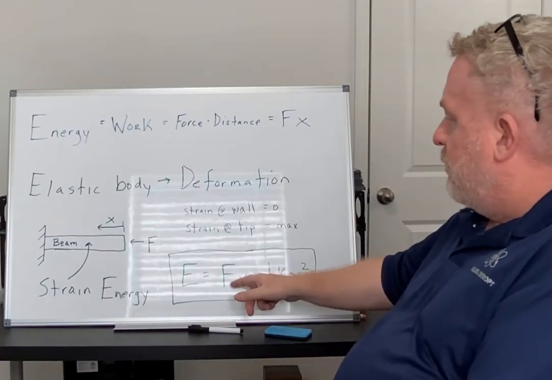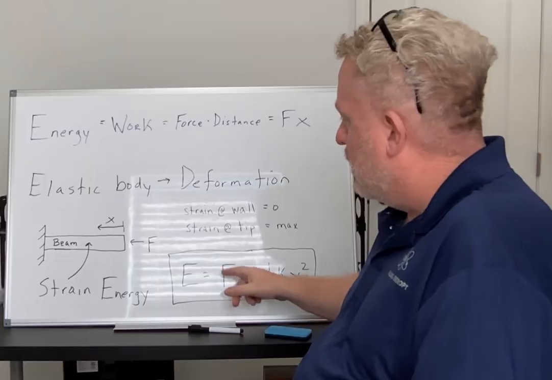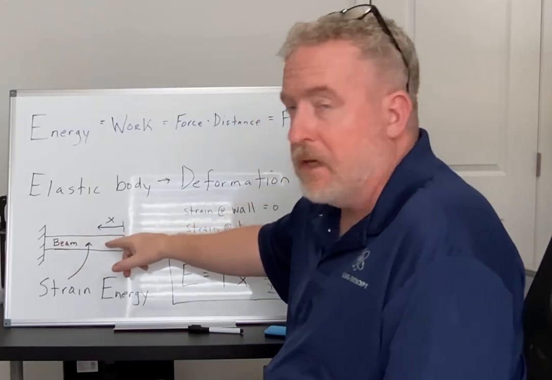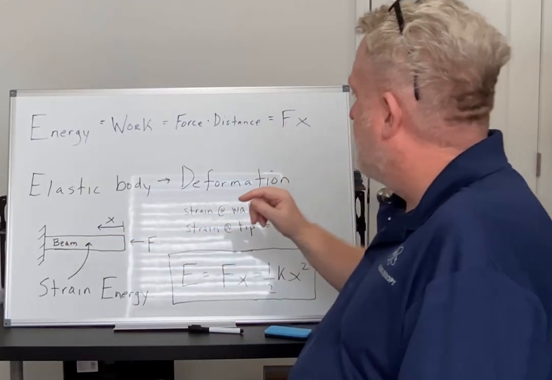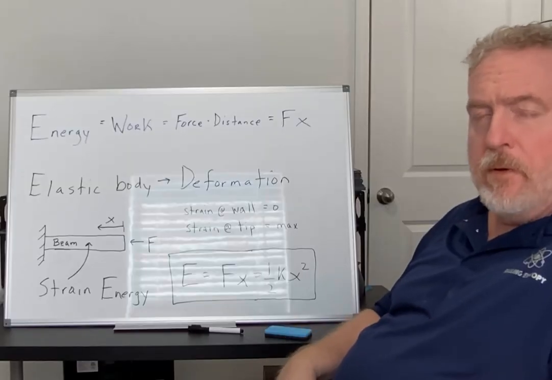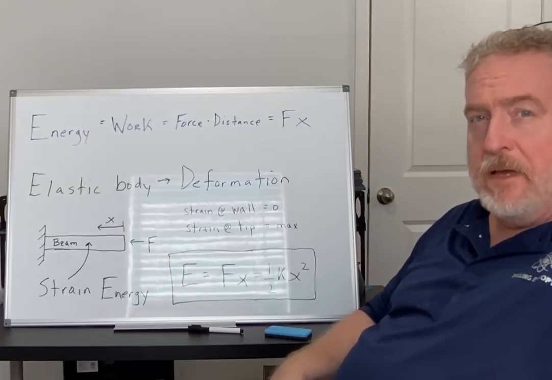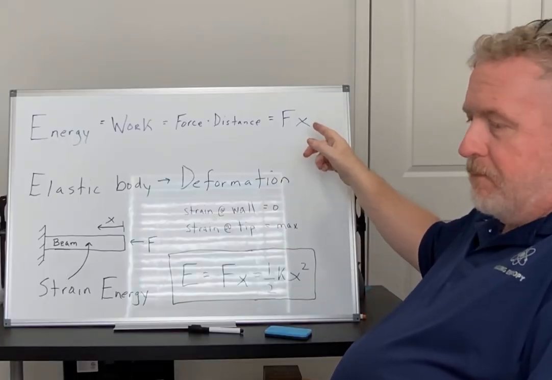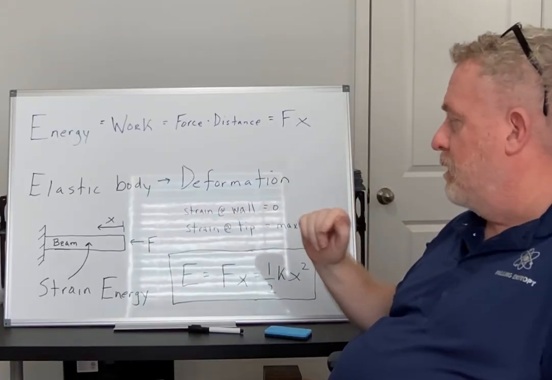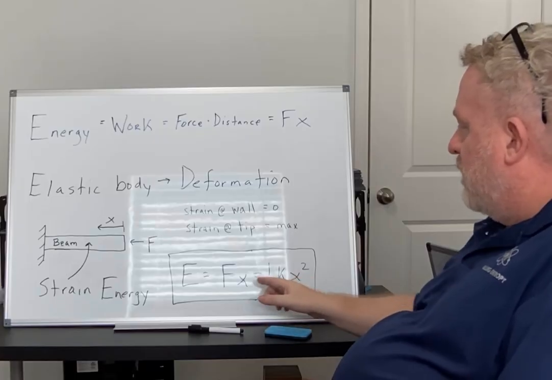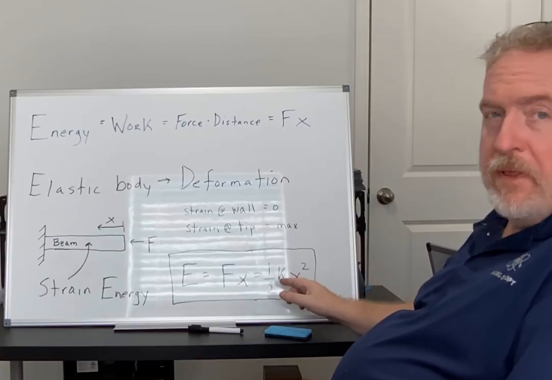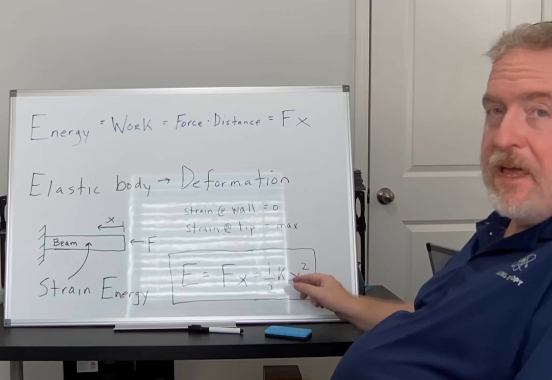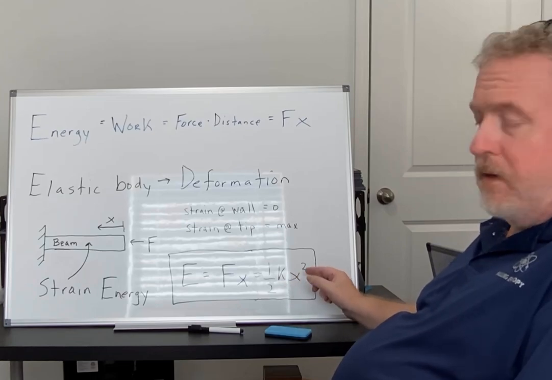So this F is equal to the reaction of the beam, of the stiffness, which is also, that force in the equation of motion is stiffness times displacement, X. But this X is also displacement. So it comes out where you have an F times X, but we replace F with 1/2 kx. So the X's are now squared.